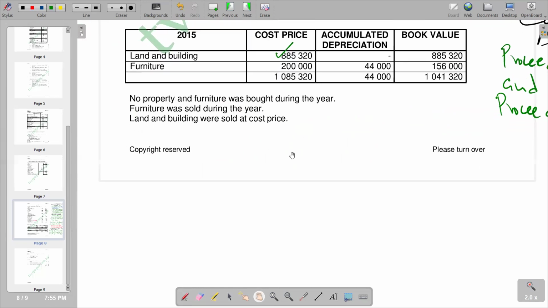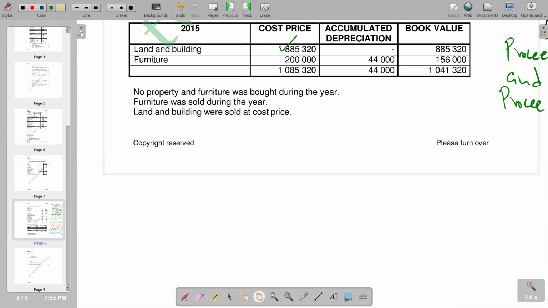but we can use the formula of the T account, whereby we are saying, remember, when we open a T account of the non-current asset account, and then we show our opening balance and book value on the debit side. We know that this opening balance is here for 2015, which is 1,041,320.